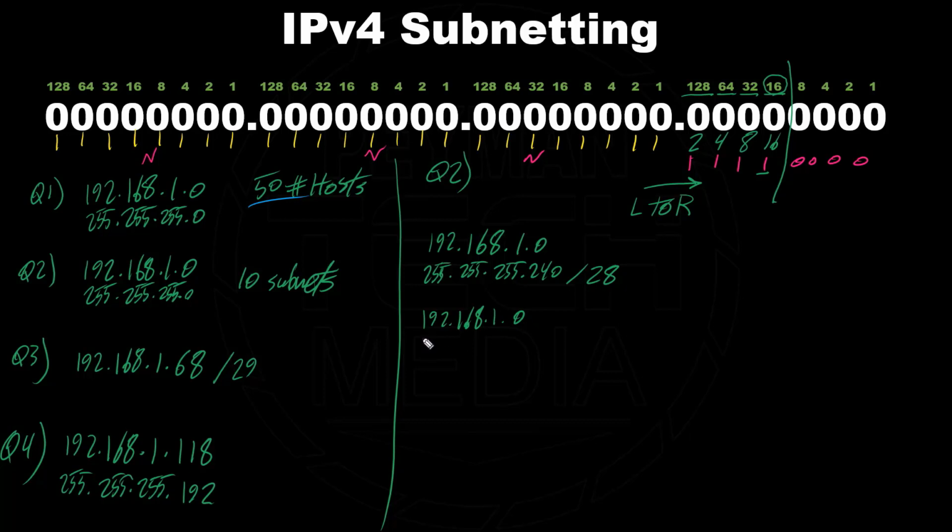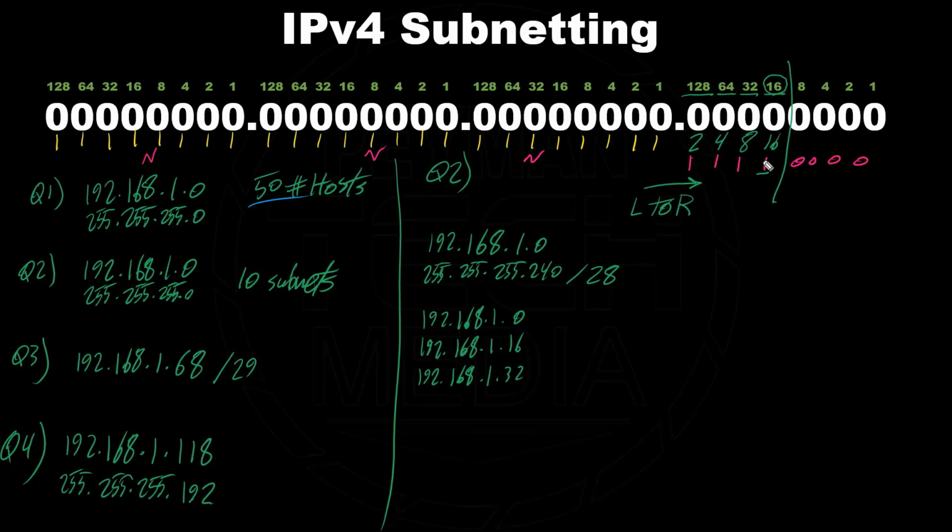The next subnet would be 192.168.1.16. The next subnet would be 192.168.1.32. We keep incrementing by 16. Why 16? Because after finding the cut line, the last bit that is turned on has a decimal value of 16. That's our network increment or block ID. Because we are on the last octet, we are incrementing on the last octet by 16.